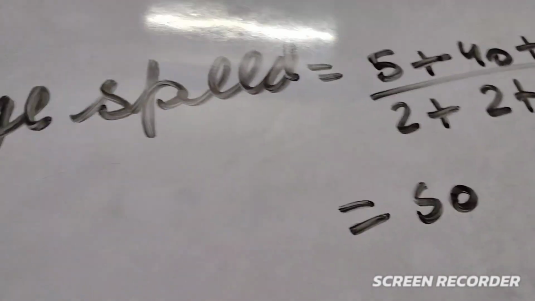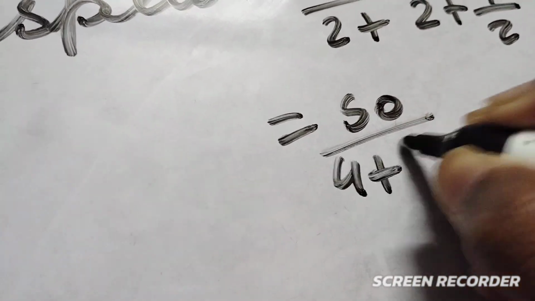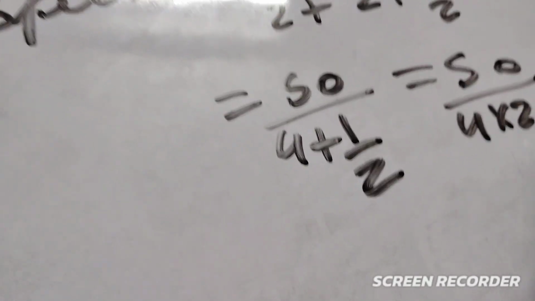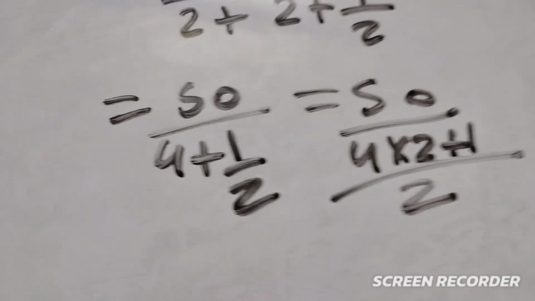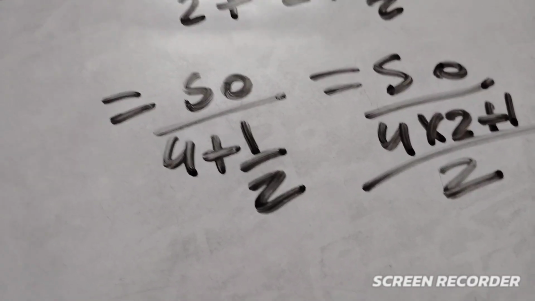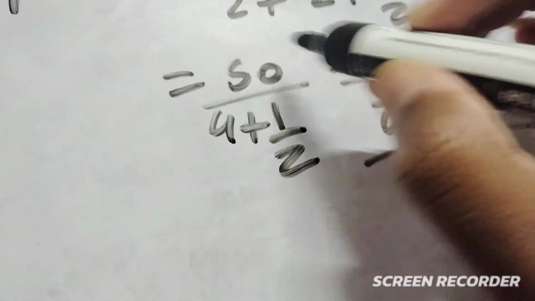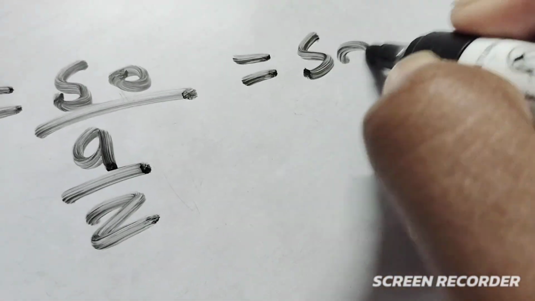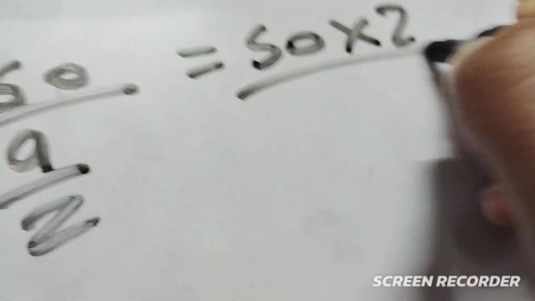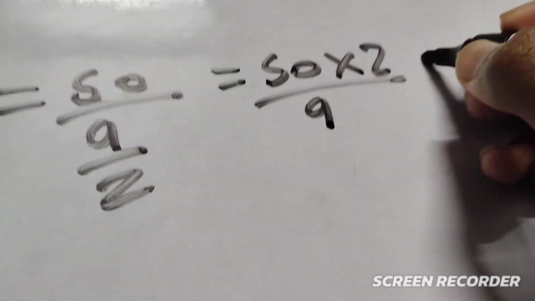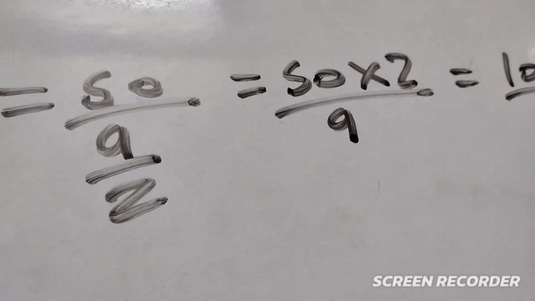I have forgotten. Okay, 50 upon 4 plus 1 upon 2 is equal to 50 upon 4 into 2 plus 1 upon 2, which is equal to 50 upon 9 upon 2. We convert this, then we go forward: 50 into 2 upon 9, which equals 100 upon 9.